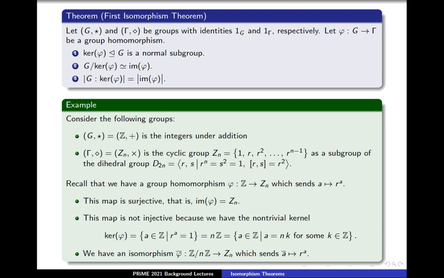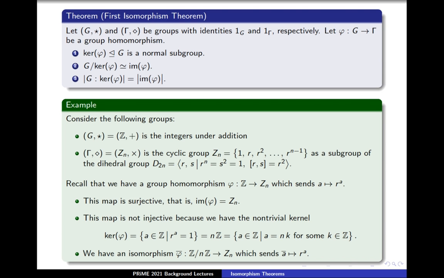If we take our group G with operation star to be the integers under addition, and our group gamma with operation diamond to be the cyclic group Z sub n, inside of a subgroup of the dihedral group D sub 2n, the dihedral group of order 2n.